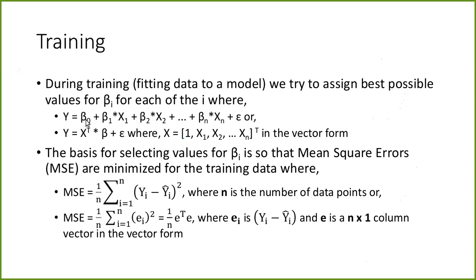So when you say beta 0 plus beta 1 x1 plus beta 2 x2 plus ... plus beta n xn, plus epsilon, these are the values generated by taking this linear combination. You will have the approximated value for that data point, and you have to add the error to get the exact y value, right? That is what we have represented here. This can also be represented in vectorized format like this: x transpose beta plus epsilon.